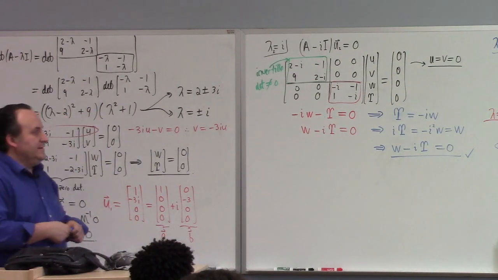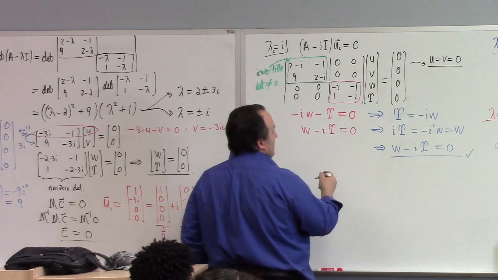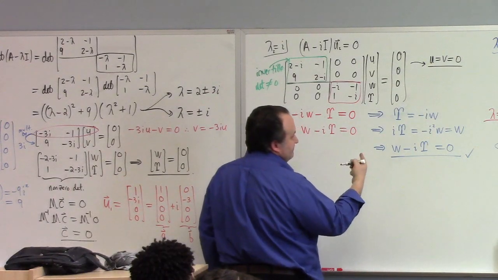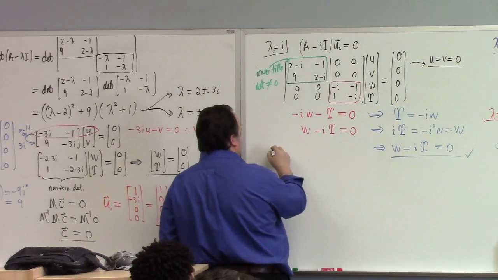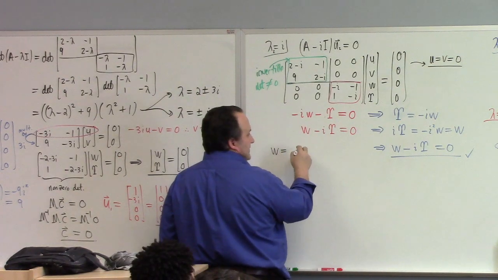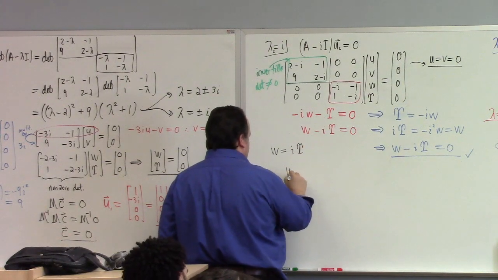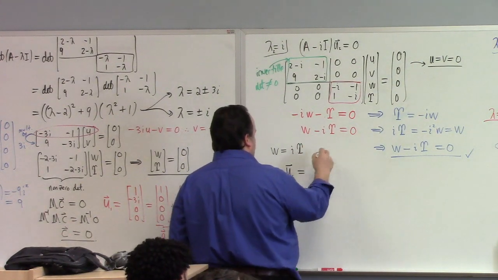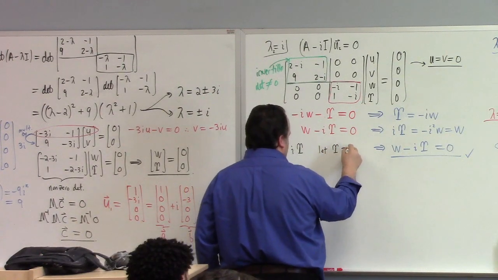All right? Okay, so then, excuse me, I'm kind of partial to this one, w equals i upsilon. So that gives me my u2 vector. I'm going to set upsilon equal to 1.